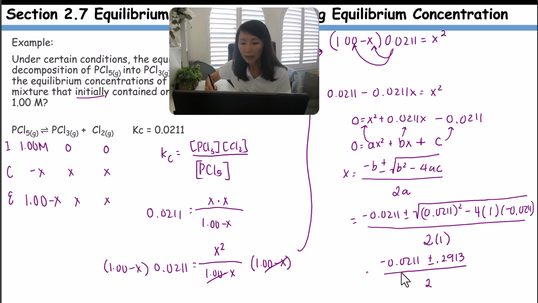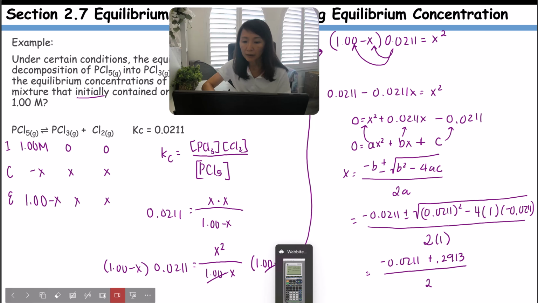Because the x cannot have a negative value, we're always going to have to shoot for the positive one, and so therefore we have to use a plus. If we use a negative, the whole thing will become negative. So we'll go ahead and erase the minus sign altogether to avoid confusion, and we'll calculate the rest.